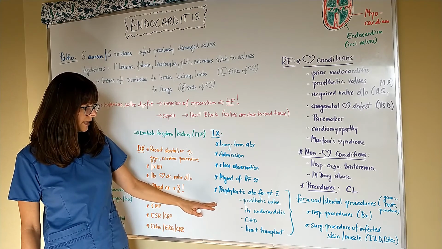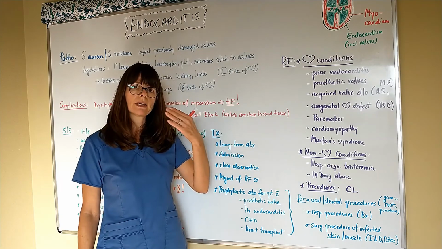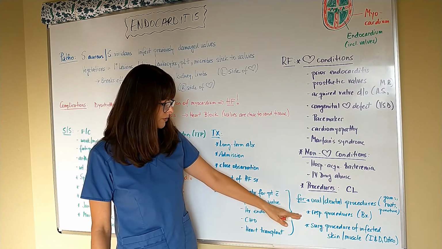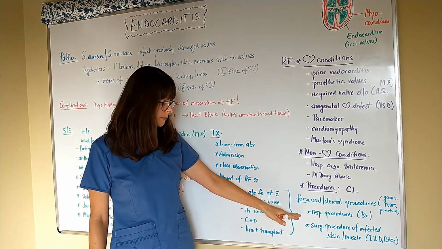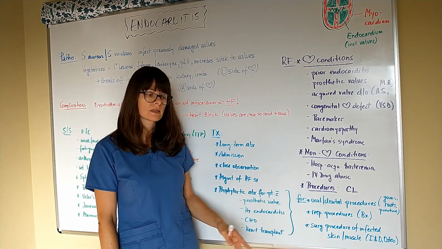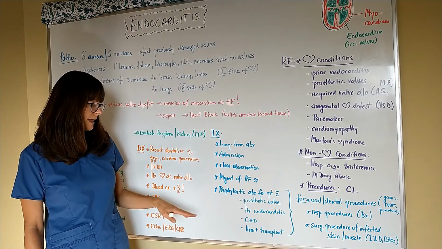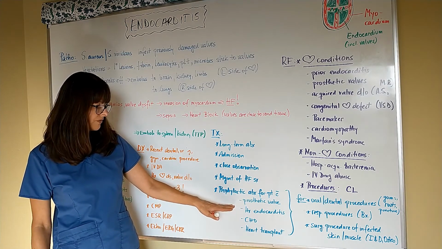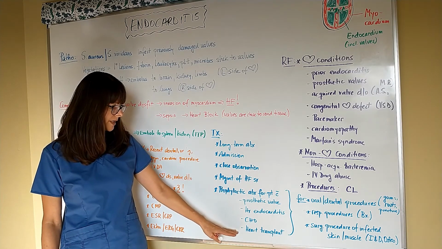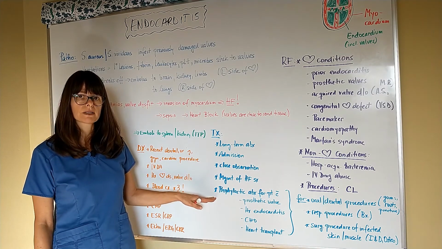And those usually include oral and dental procedures, so anything that involves the gums or the roots or any kind of puncture of the skin there, or any respiratory procedures such as lung biopsies, or surgical procedures of infected skin or muscle, so an abscess incision and drainage, or treatment for osteomyelitis. And patients with prosthetic heart valves, history of endocarditis, any kind of congenital heart disease, and heart transplant will also need the prophylactic antibiotics.